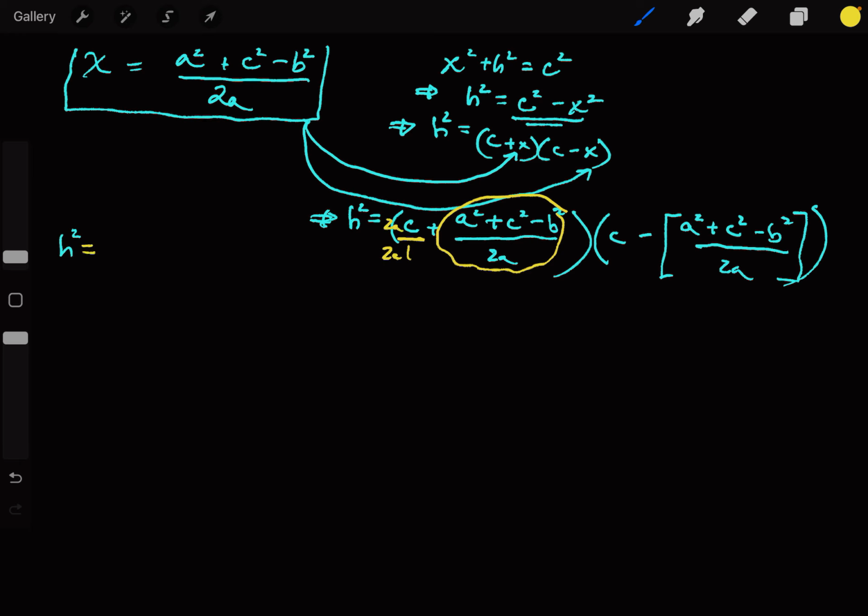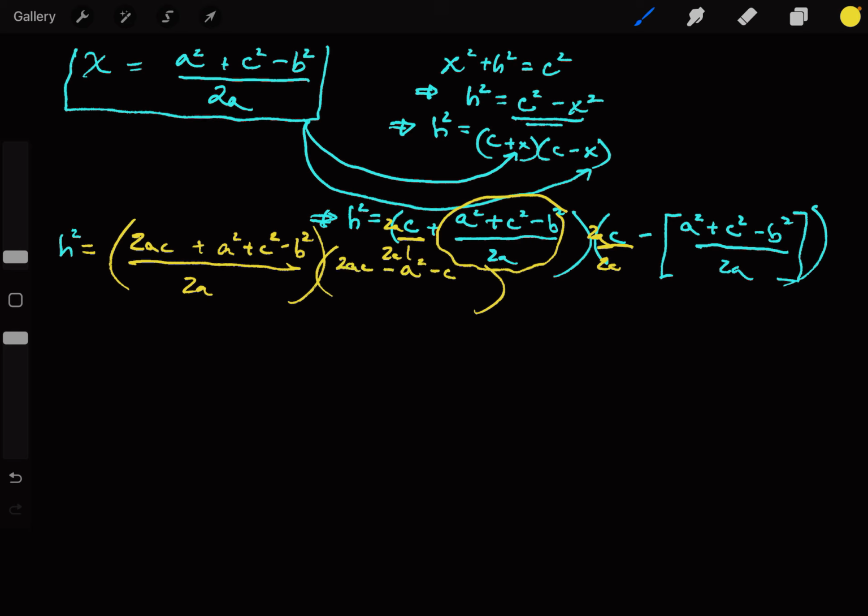I'm going to get h squared is equal to 2ac plus, now it's a common denominator, a squared plus c squared minus b squared, all of it over 2a, times the other one, same thing, 2a on the top and bottom over here. Going to get 2ac, and I'm going to distribute that minus a squared minus c squared plus the b squared over 2a.